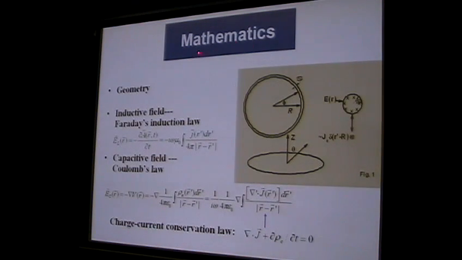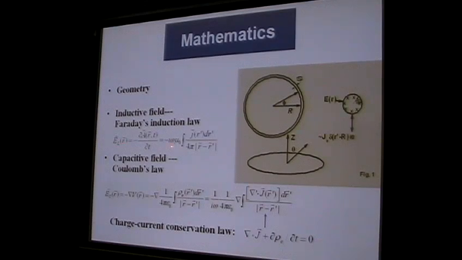Now let me give you some mathematics. I think maybe you are already very tired, and maybe it's very abstract. However, I just want to make sure that you can follow. Let me consider a ring geometry like this, and suppose there is some current flowing inside the ring. Then you can very easily calculate the inductive field EL by using Faraday's law.